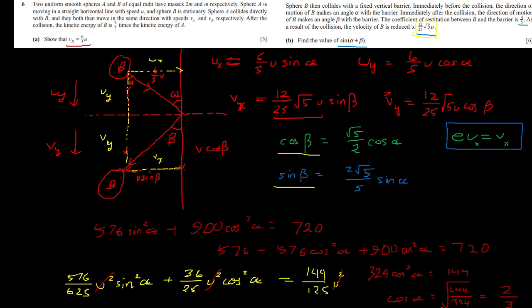So if cos alpha is equal to 2 by 3, using the relationship for sines and all that stuff, we would be getting sine alpha to be root 5 by 3. And we did use that entire relationship before.